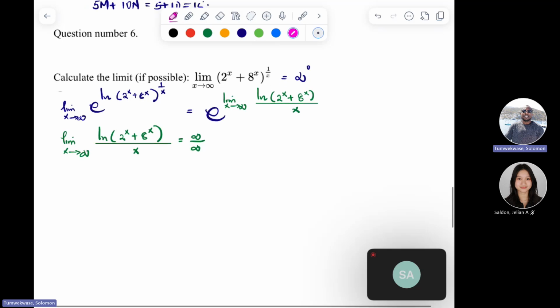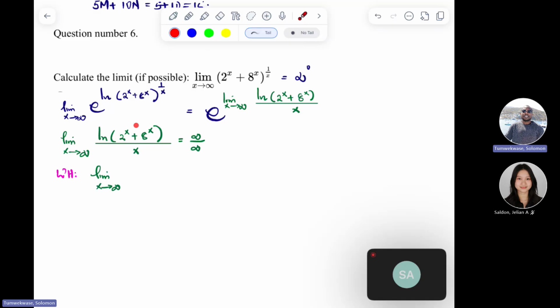So I'll take L'Hopital's rule. And when I take L'Hopital's rule, this is the limit as x approaches infinity. Now take the derivative of this function here. I have to take the derivative of this, then divide by that same function.